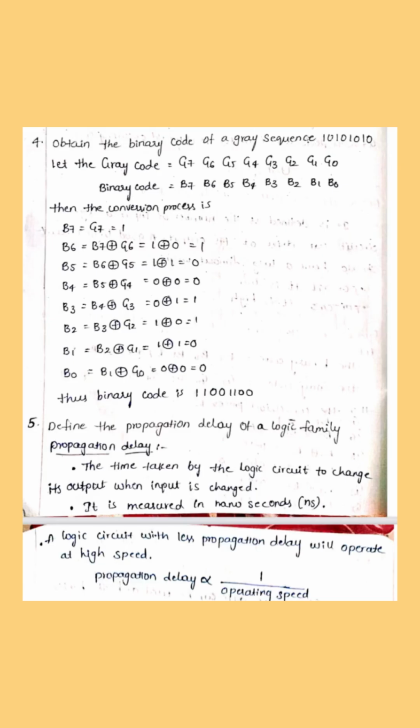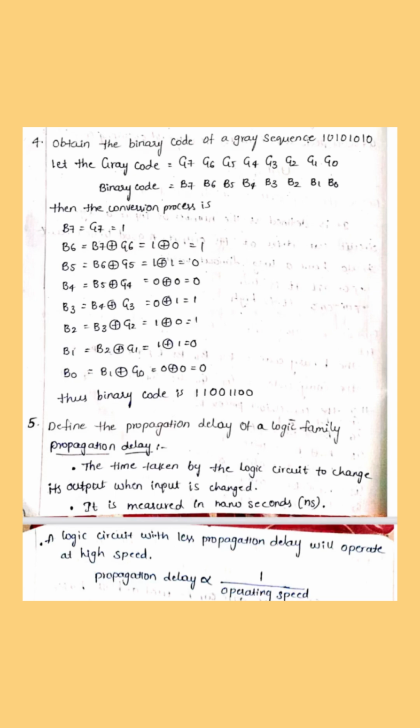And B5 is B6 exclusive OR with G5, which is 1 with 1, it is 0. And B4 is B5 exclusive OR with G4, it is 0 with 0, it is 0. And B3 is B4 exclusive OR with G3, it is 0 with 1, it is 1. And B2 is B3 exclusive OR with G2, so 1 exclusive OR with 0, it is 1, different values 1.